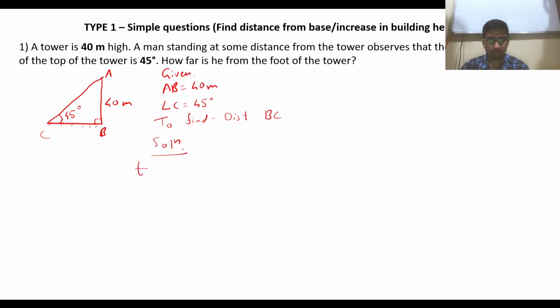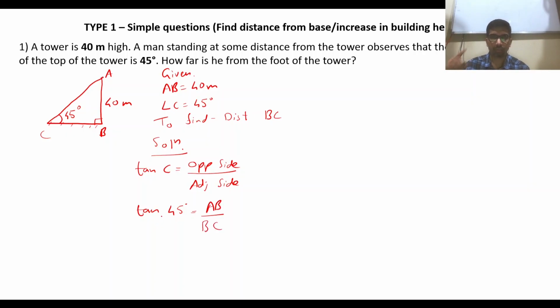So apply tan formula. Tan C. So let's revise tan formula. Tan theta means opposite side upon adjacent side. So write opposite side upon adjacent side. We have got tan, the value of C is 45 degree and opposite side is AB and adjacent side is BC.